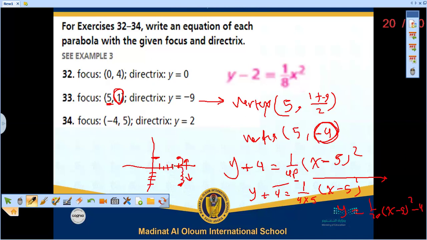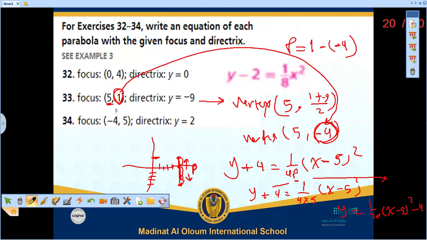Now I have 5. I count this distance. This distance is p. Or you can make 1 minus negative 4. This is to get p: y of the focus minus y of the vertex. To end up with 1 over 20 and here negative 4.